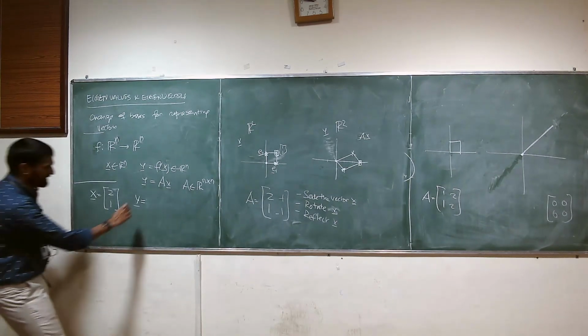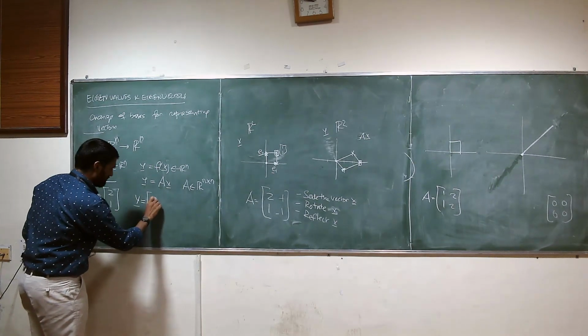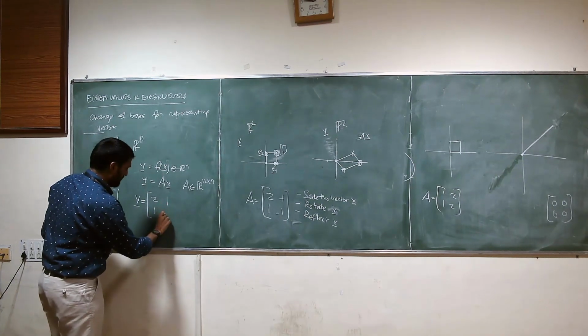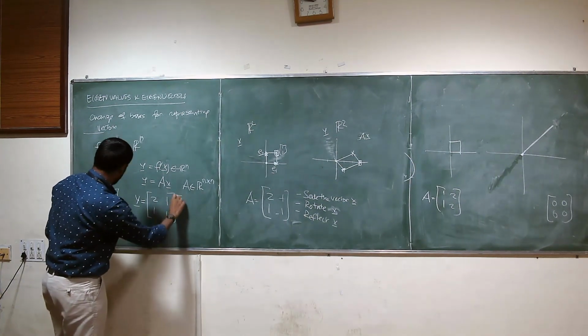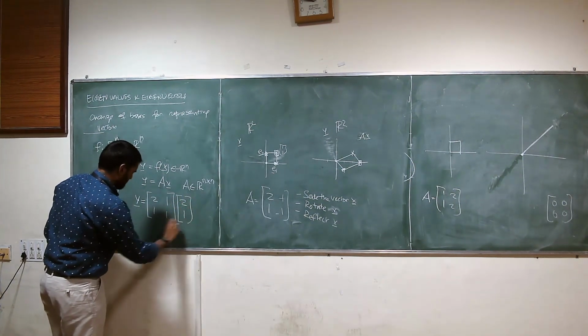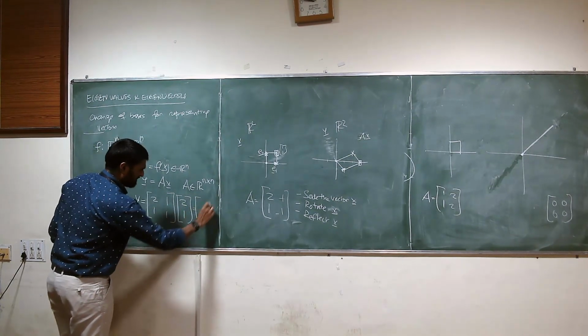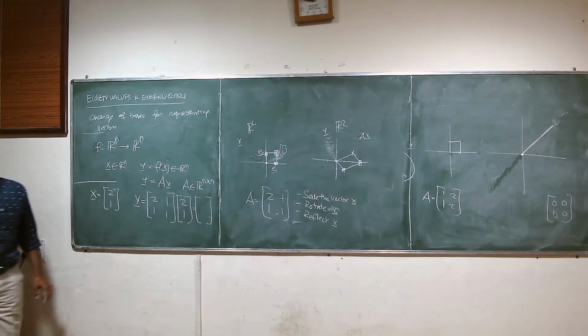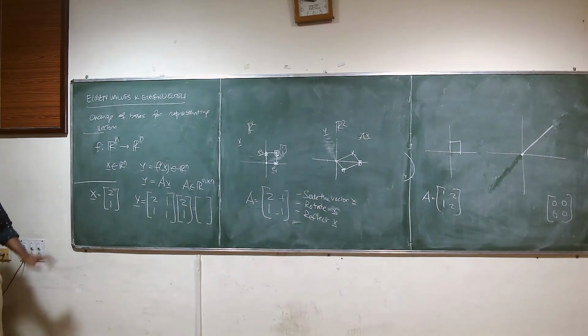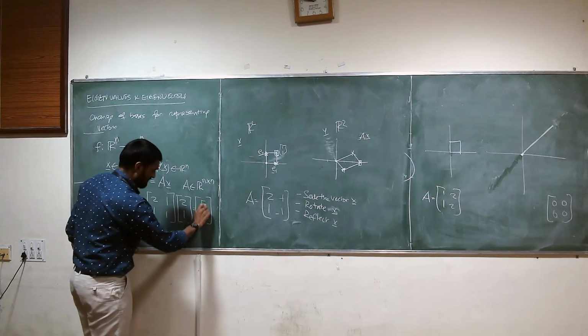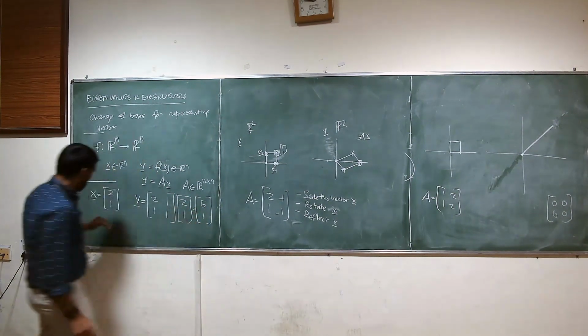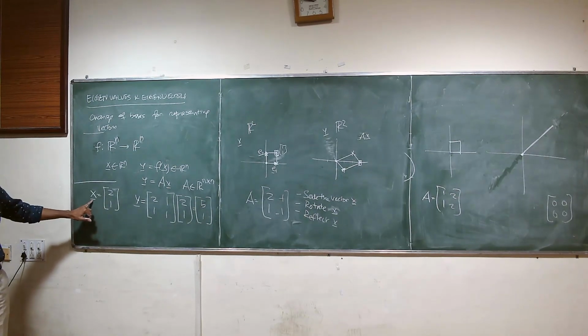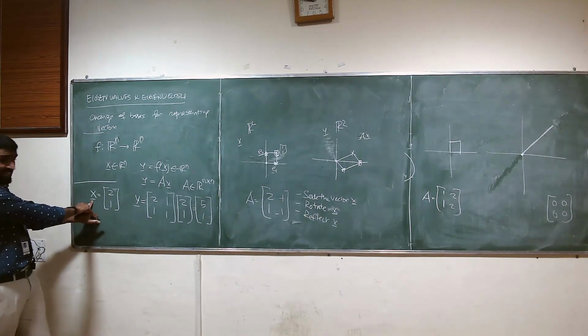You tell me what is y. This will be 2, 1, 1, 1, 1. Now this is 5, 1. All right. Now, I said a vector x and I put down numbers.